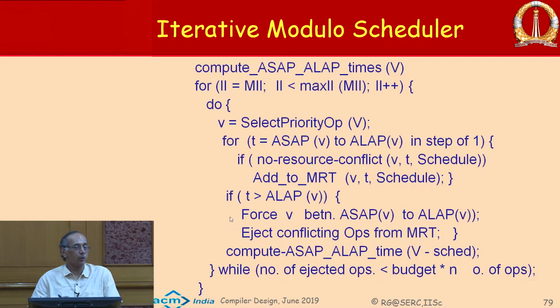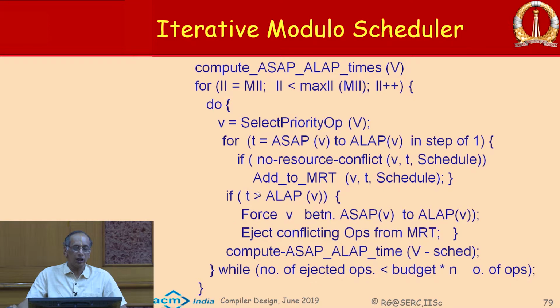So, for every operation you have what is called the earliest start time and latest start time. Starting from the earliest start time, you try to schedule it at a particular time slot where there is no resource conflict, right. If you can't find such a thing, then you try to force it at its latest starting time, and that would mean that some operations would get ejected. That is okay, we will try to schedule them again.